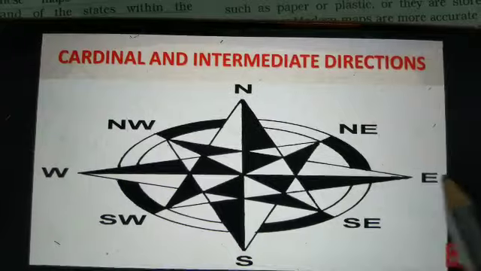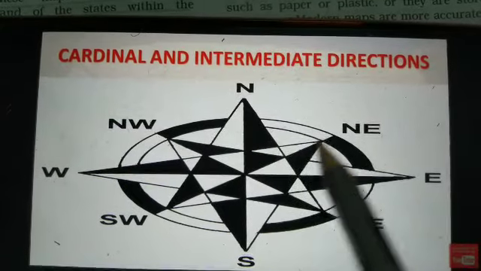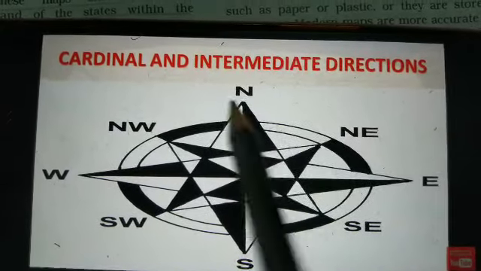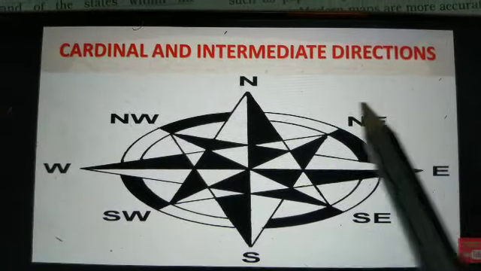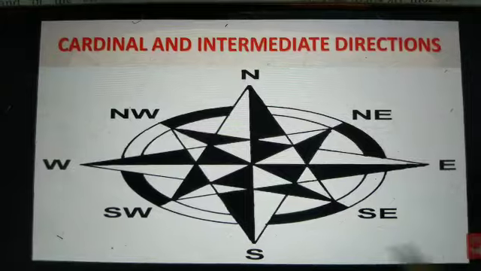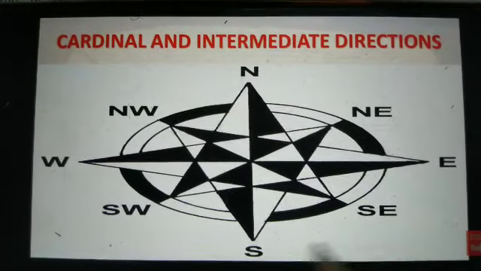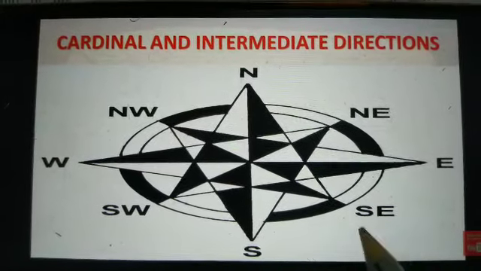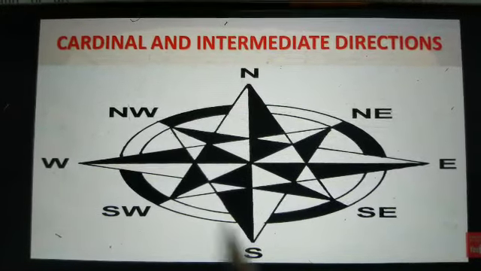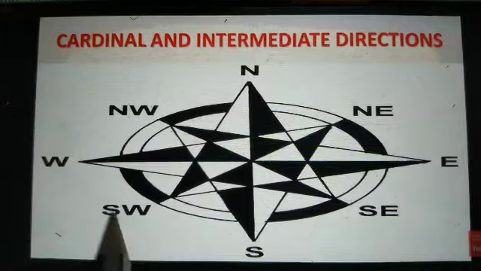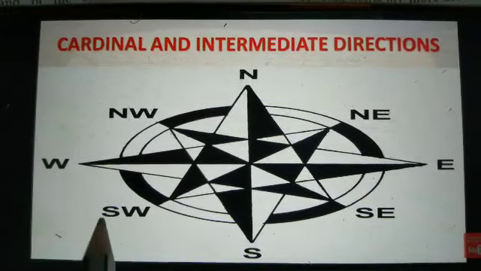Here it is the middle between the north direction and the east direction, so it is written as northeast direction. Here east and south, it is the middle, so it is written as southeast direction. Here west and south, it is the middle intermediate direction, so it is written as southwest direction, SW.